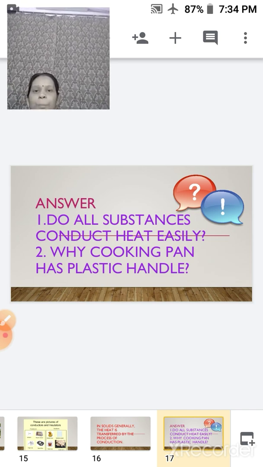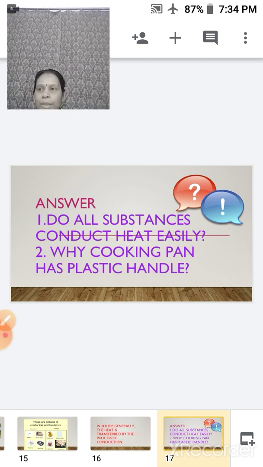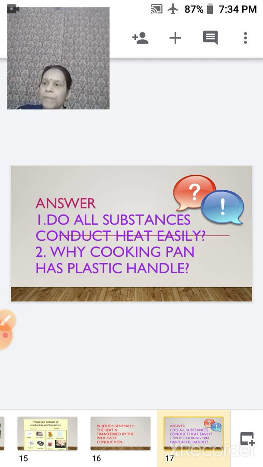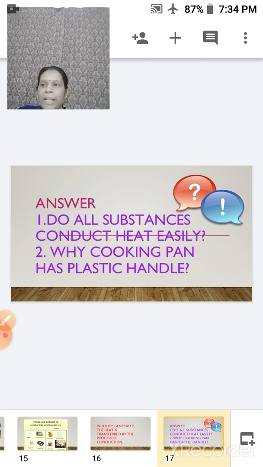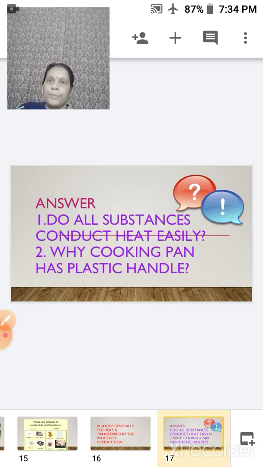When the pan is removed from the fire, it slowly cools down. It cools down because the heat is transferred from the pan to the surroundings. So you can understand both the cases now, how heat flows from a hotter object to a cooler object. In fact, in such cases, the heat flows from a hotter object to a colder object.